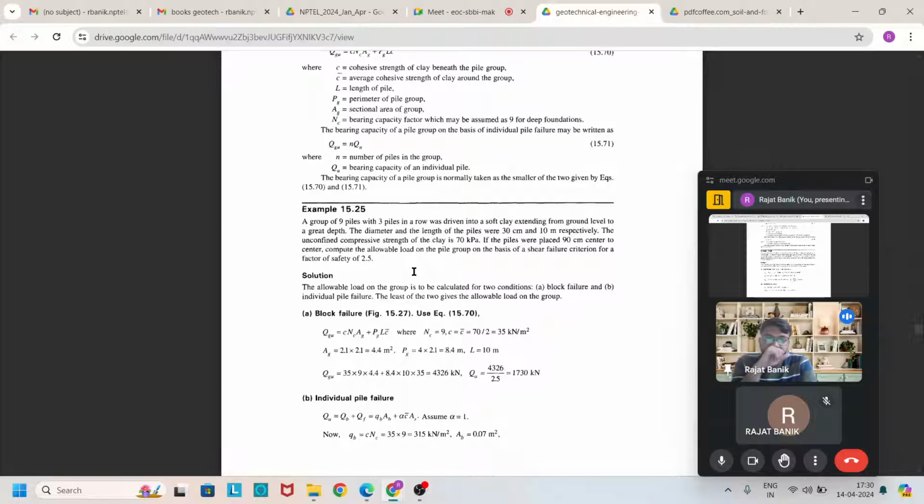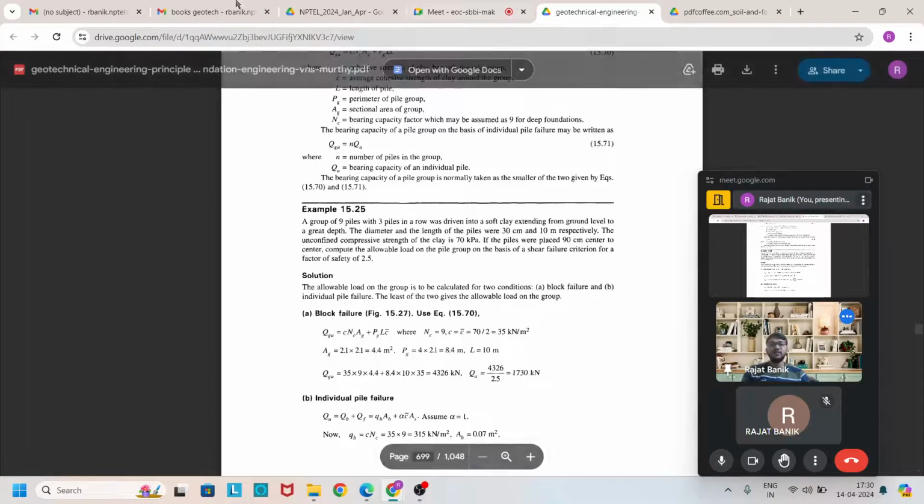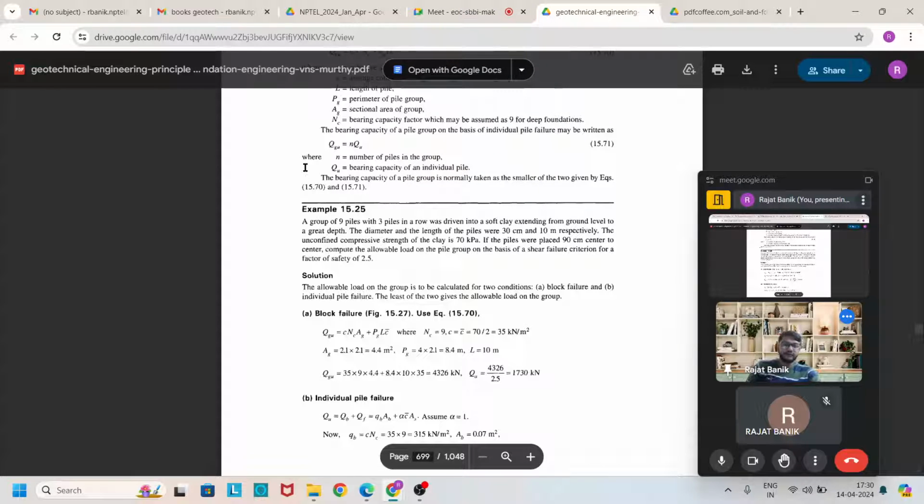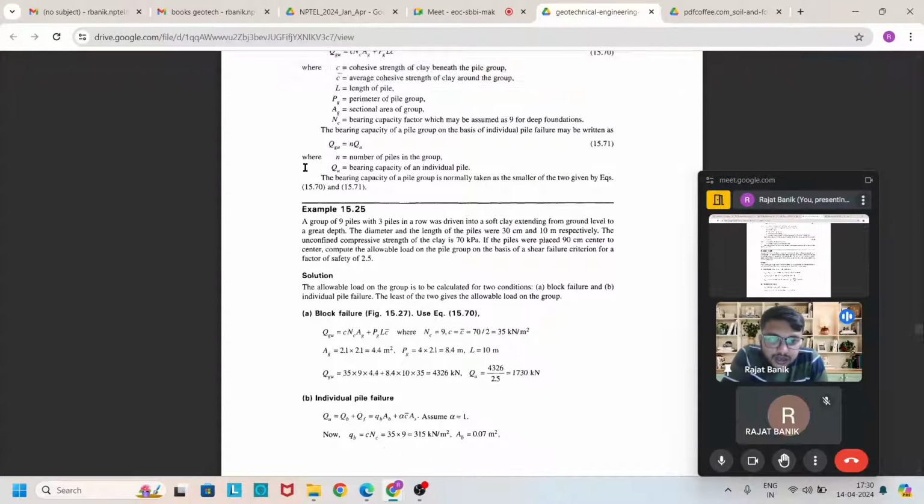The unconfined compressive strength of the clay is given as 70 kPa, and the piles are placed at 90 centimeter center to center spacing. Compute the allowable load on the pile group on the basis of shear failure criteria for a factor of safety 2.5. So we have to find out for block failure and also for individual pile failure.